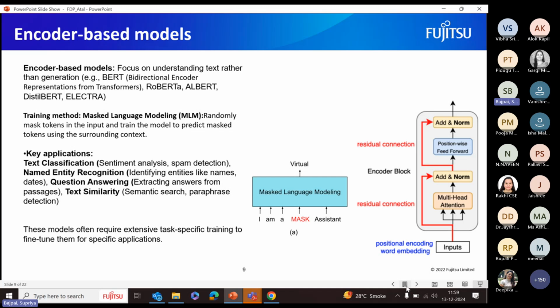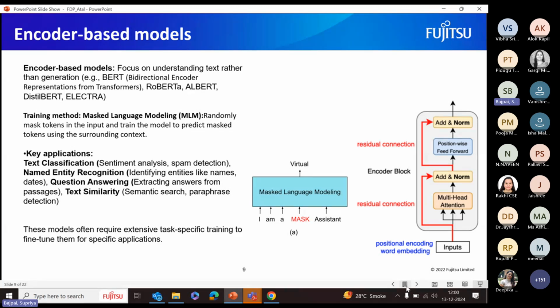The model will identify that Albert Einstein is a person, the name of the place, and the date on which he was born. All these are entities. To extract them, the system has to read and understand what the text is about.